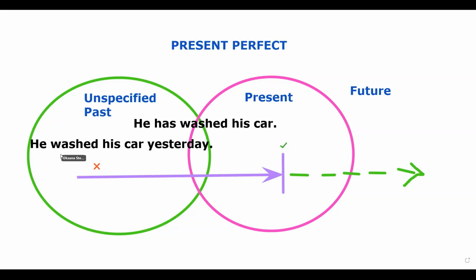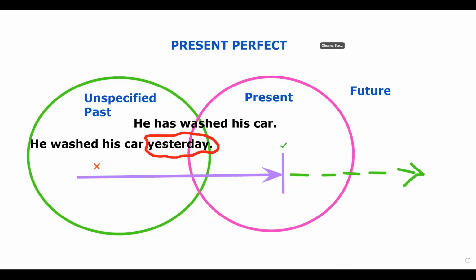This sentence is past tense, simple past tense, because we have this particular word, yesterday. Yesterday is a time marker of past simple tense. It shows us when it happened in the past.